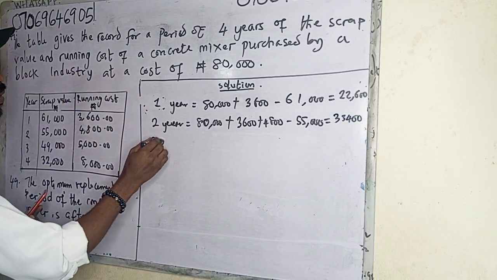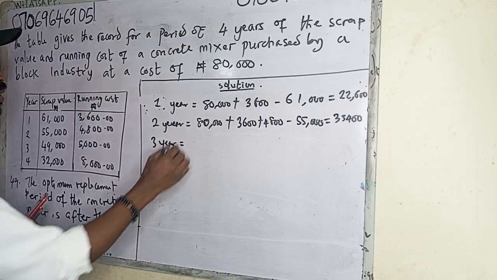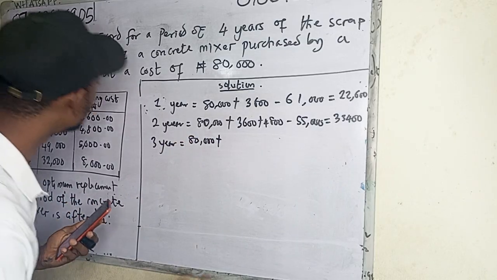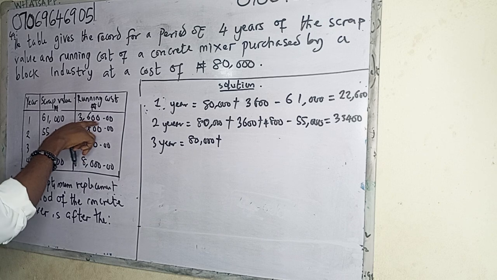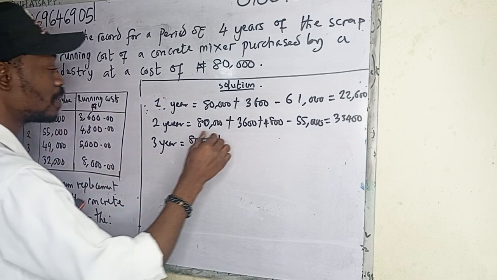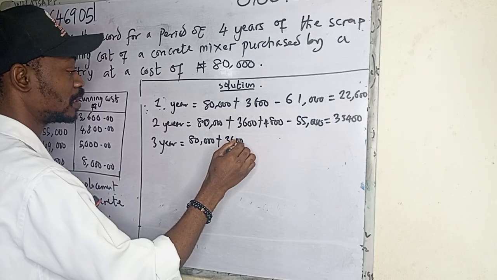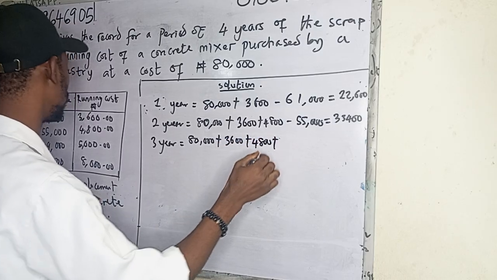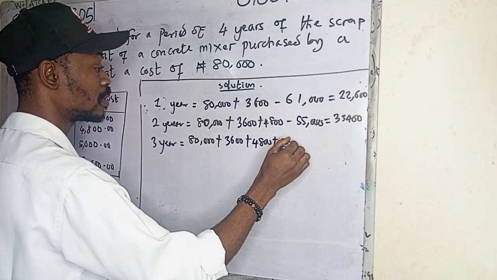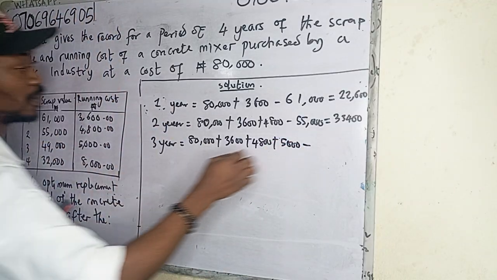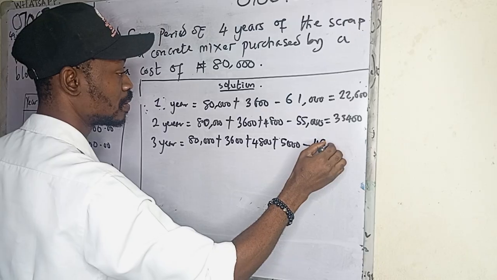And then year three is the same thing: 80,000 plus the cumulative running cost up to that year, which is 3,600 plus 4,800 plus 5,000. Then we remove the scrap value for that year, which is 49,000.